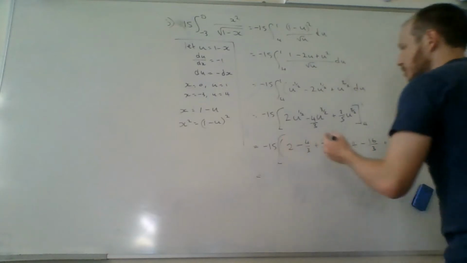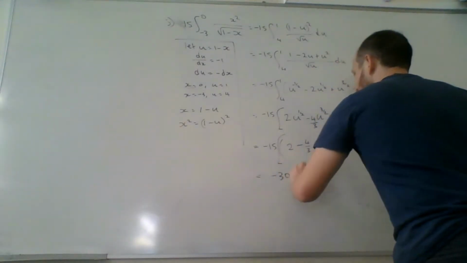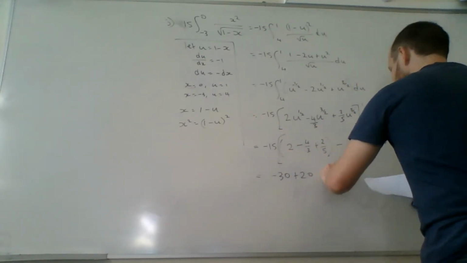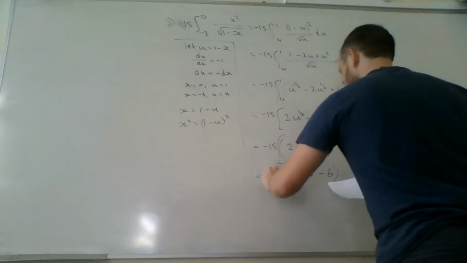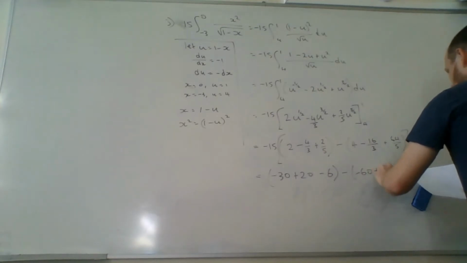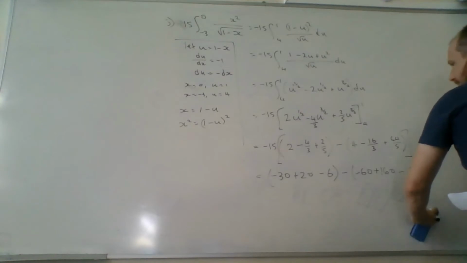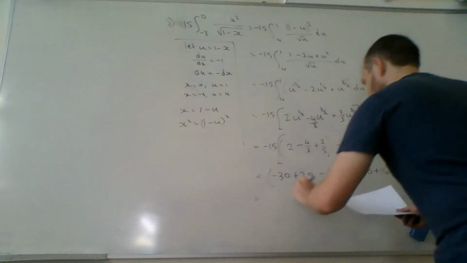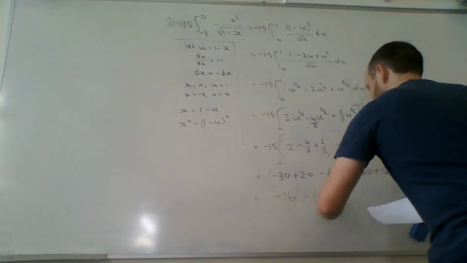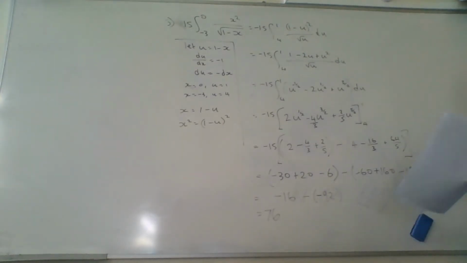Just to show you, I'll multiply through by 15. So this will give us minus 30 plus 20 minus 6. And on this side, we'll have minus 60 plus 160 minus 192. Now if we work this out, we get minus 16 minus 92, which gives us our answer of 76.